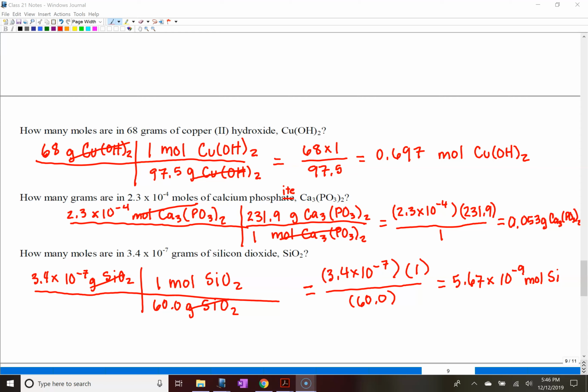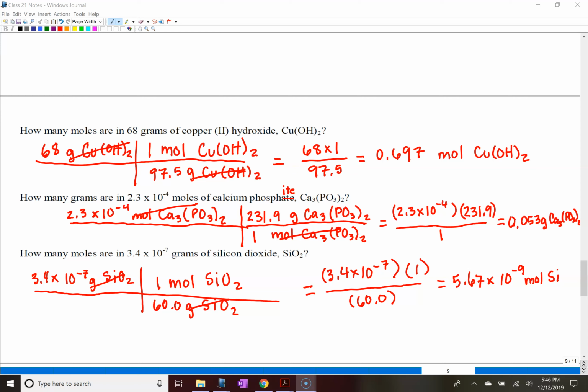And then in the upper right box, I would put my unit of grams of calcium phosphate. 1 mole of calcium phosphate has a mass of 231.9 grams, which gives me a mass of 0.053 grams of calcium phosphate.